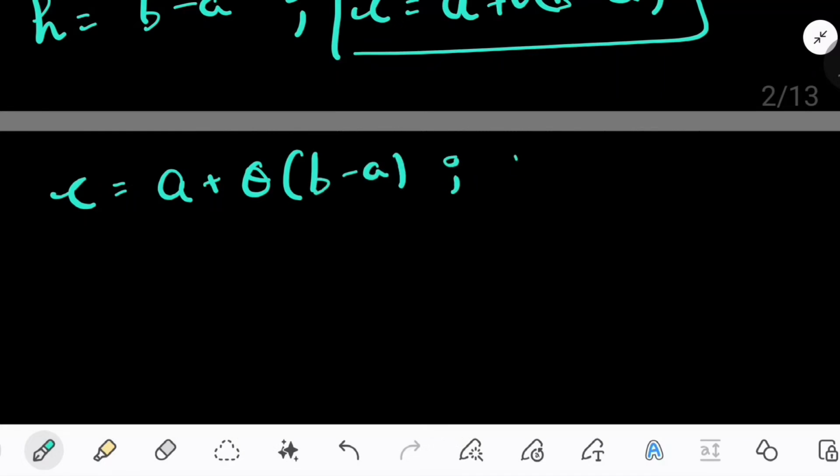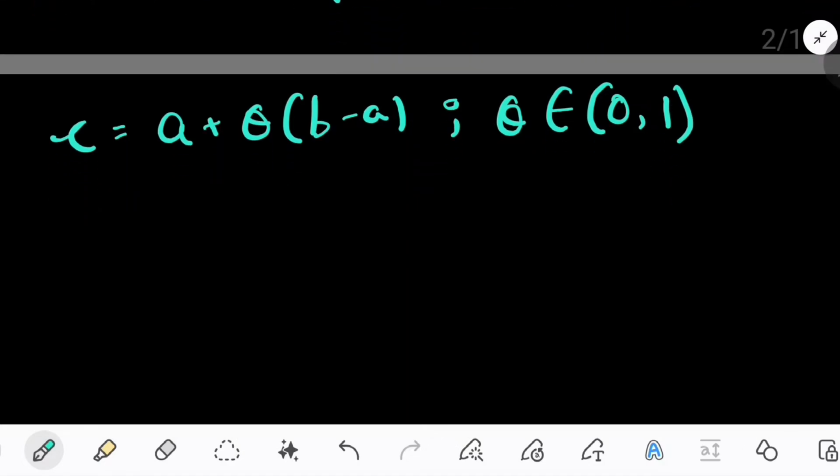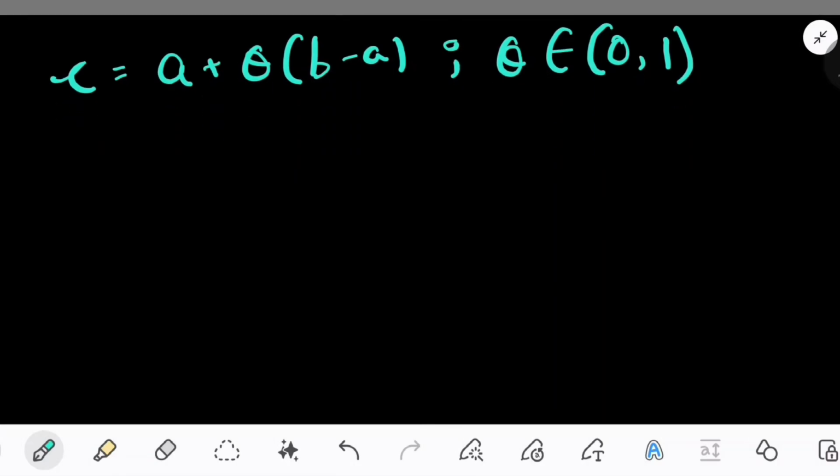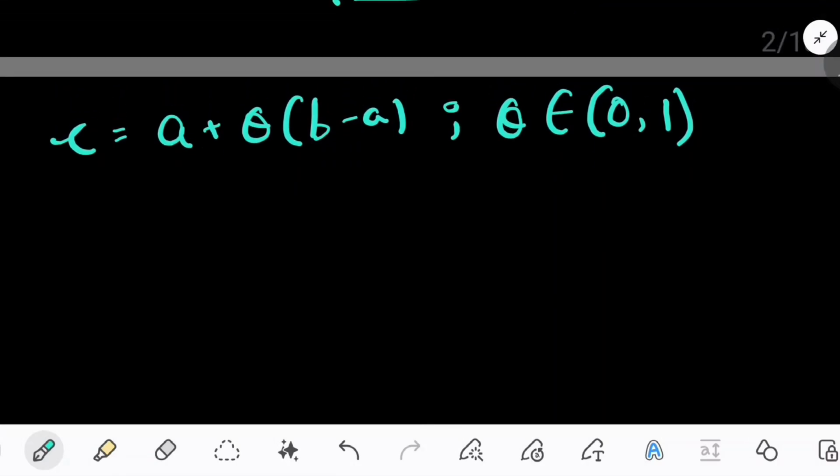What is the limit of theta? Theta belongs from 0 to 1 in the open brackets, not the closed. So what is its significance? Well, when you forcibly substitute theta as 0, you get C is equal to A. And when you substitute theta as 1, you get C is equal to B. You can check it, right? And these are the extreme boundary points.